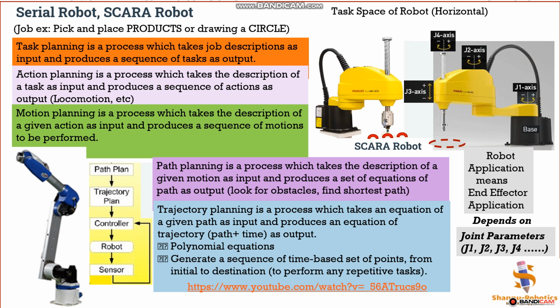For example, if you are planning to set up in an industrial environment where picking and placing of products is common, or drawing some circles, then you will have to plan your objectives starting from task planning.